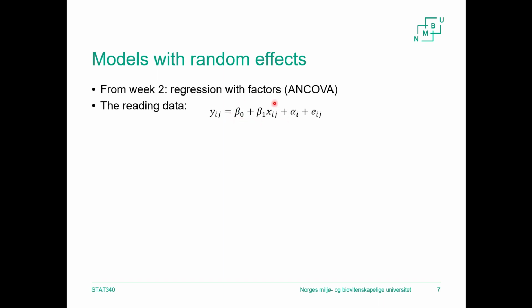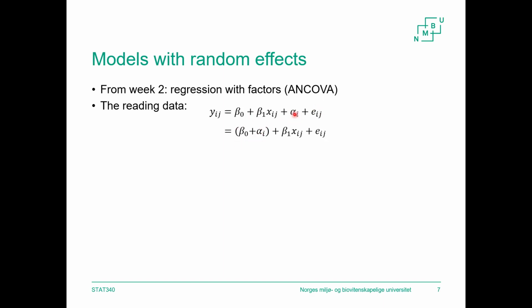It's a regression model, where x is now the time point, and then we have a fixed effect, or a factor, indicating the effect of the different children. It's a factor with 3 levels, 1 for each of the 3 children, and then we have the stochastic term here. So this we saw already in week 2.